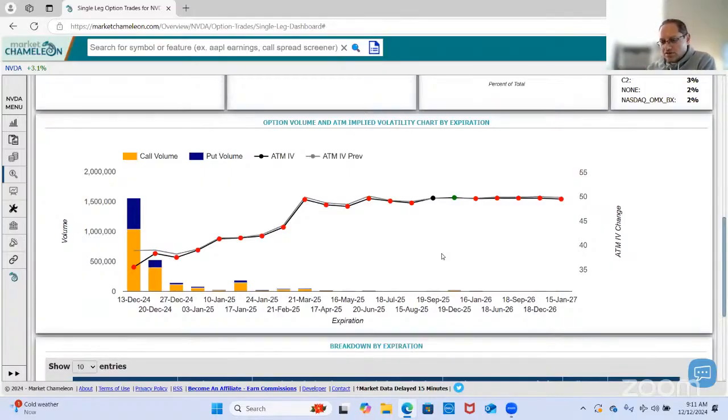So how do we measure that? Well, we could use the option pricing model and reference the implied volatility, because the implied volatility is a relative value.